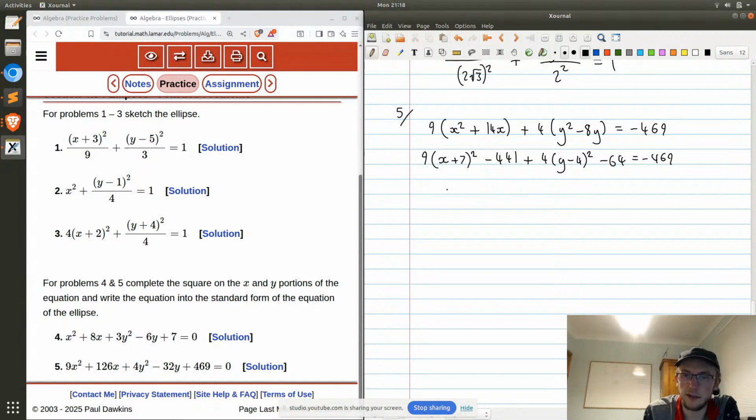And now I need to fix this fully. So that's what? Negative 505, and then add 505.